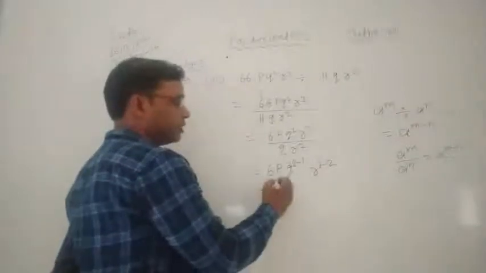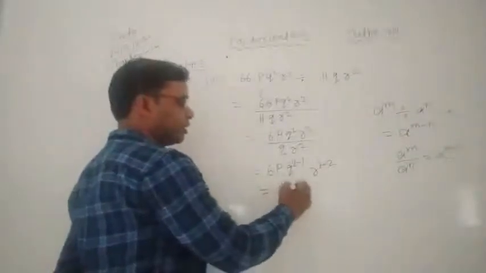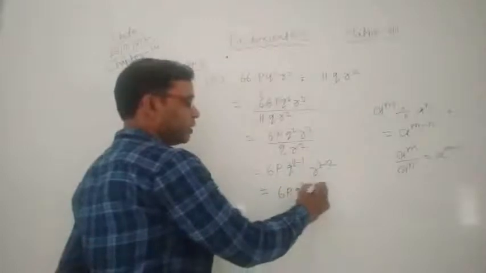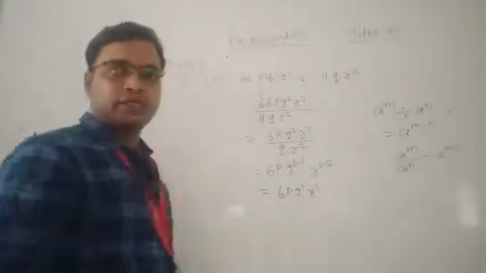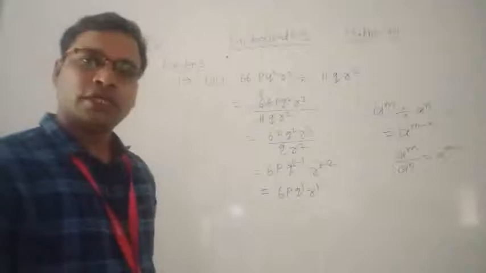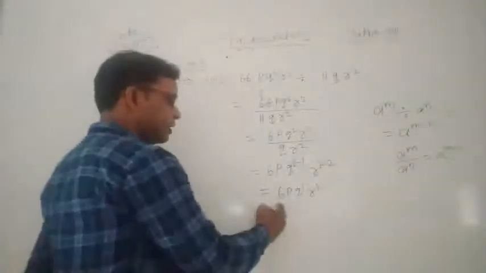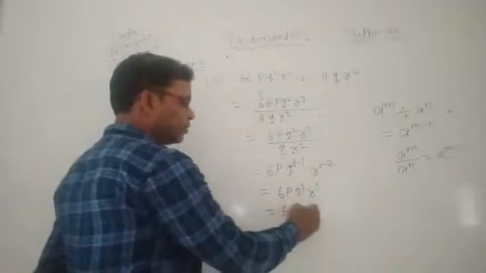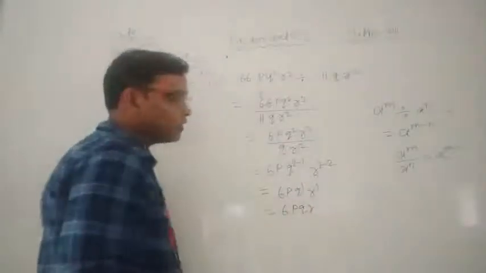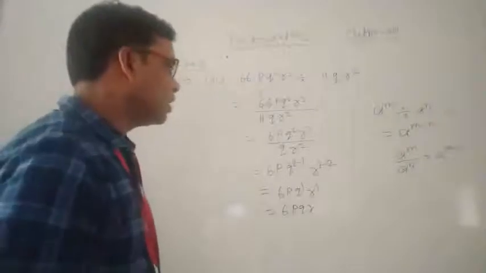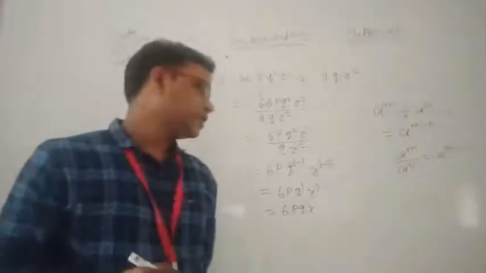This is equal to 6p q to the power 1 r to the power 1. 2 minus 1 is 1, and 3 minus 2 is also 1. So you can write here 6p q r. In both ways we solved this question and we obtained the same quotient 6p q r.